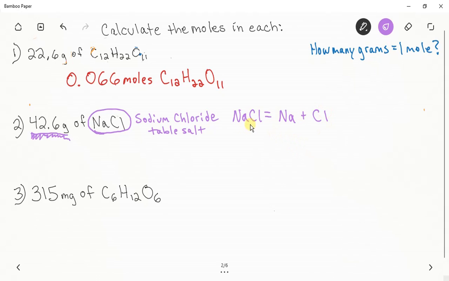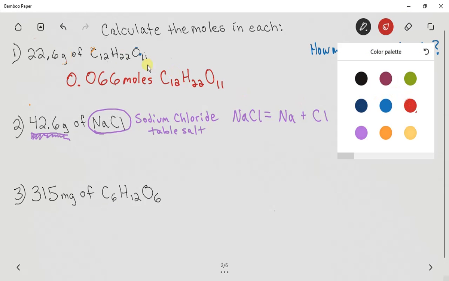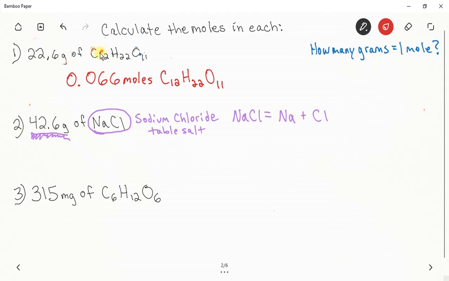And since there's no little numbers down here, remember up here on number 1, there's the C12, the H22, and the O11 after the element abbreviations, there's nothing down here after sodium. This is blank. There's nothing after chlorine either.